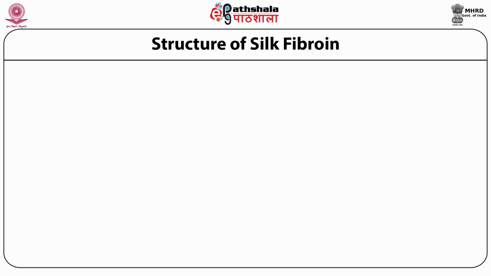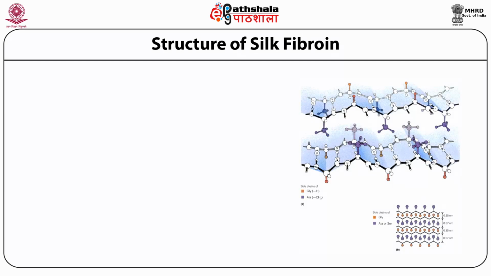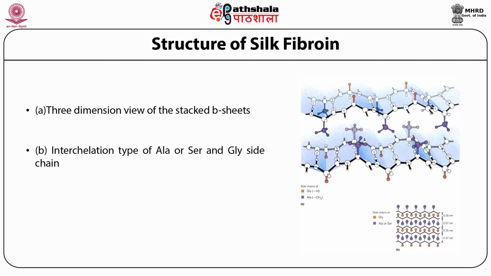The structure of these silk fibroin beta sheets, if you see here, is a three-dimensional view of the stacked beta sheets. Side chains like alanine and serine from one polypeptide are intercalated into the other side of the beta sheets. So the beta sheets are stacking in two ways.